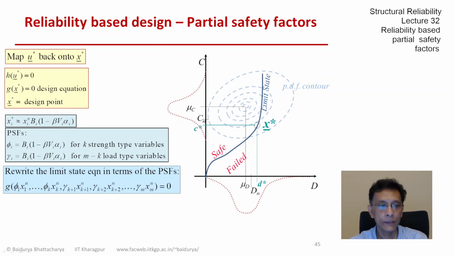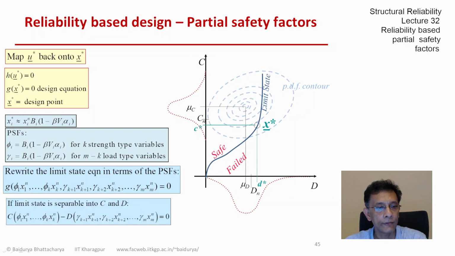So even if we stopped here, we would have an equation involving the partial safety factors and the nominal values, and if the designer wanted to use this equation to find out some unknown section, some unknown geometry, or any other unknown quantity, this equation would actually show the way.